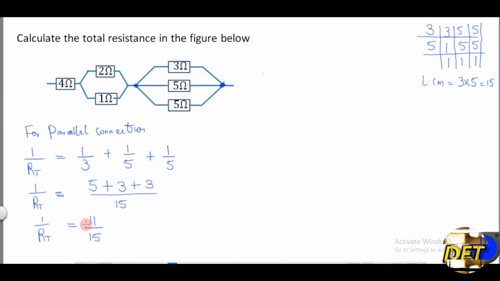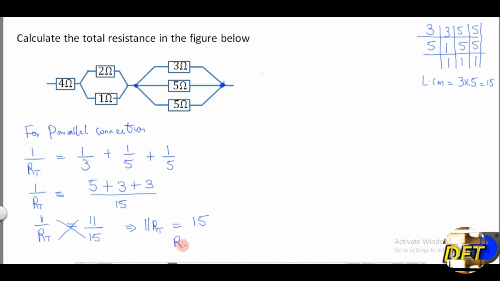So the next thing I would want to do here is to cross multiply, right? So that will give me 11 times R_T, which is 11 R_T, is equal to 1 times 15, which is 15, right? So what I will do is to divide both sides of the equation by the coefficient of R_T, which is 11.